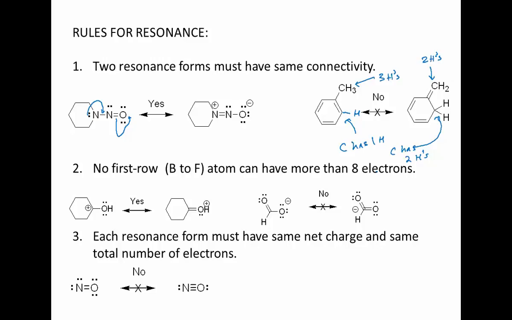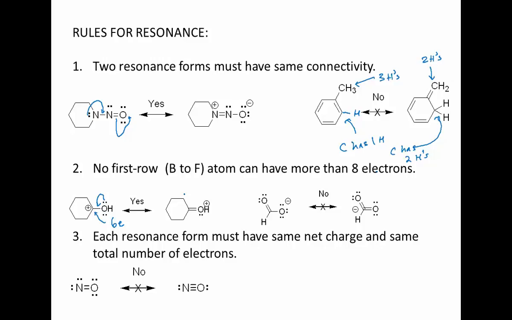Issue number 2, no first row boron to fluorine atom can have more than 8 electrons. So these two compounds here would be resonance forms. It can have 6. There's only 6 electrons in this form here. It's better to have too few than to have too many. We can say it's like the old TV game show, The Price Is Right, where you can't go over.